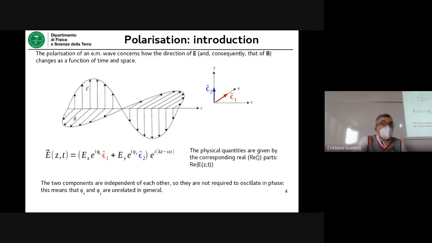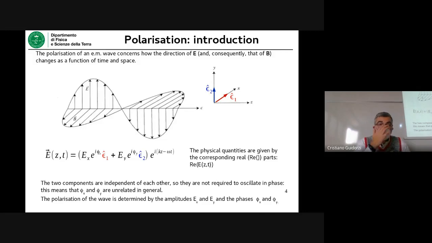So what does this mean? It means that if you look at the direction of the electric field, when phi x and phi y change in an independent, unpredictable way, the resulting electric field has no preferred direction. There's no systematic preferred direction. So we say there is no polarization.